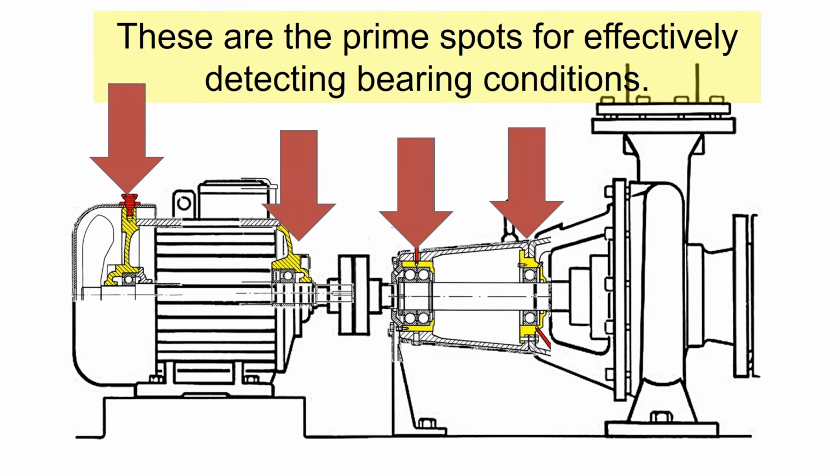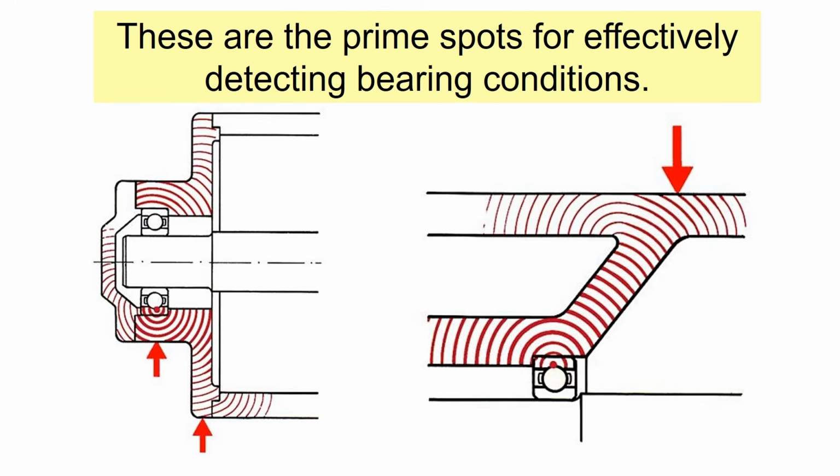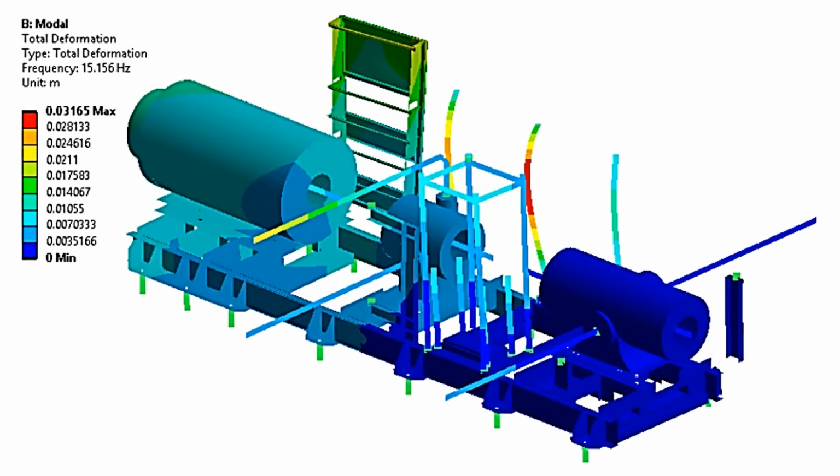These are the prime spots for effectively detecting the bearing conditions. These spots are chosen because they facilitate the transfer of bearing vibrations, which leads to better detection of bearing conditions, as illustrated here. In case of complex machine arrangement, conducting modal analysis can be beneficial for assessing the natural frequencies of the machine setup.